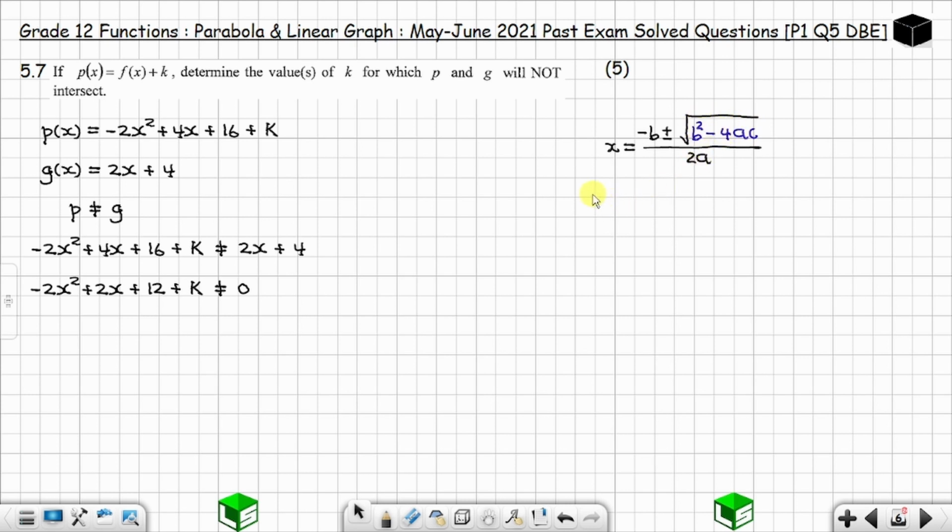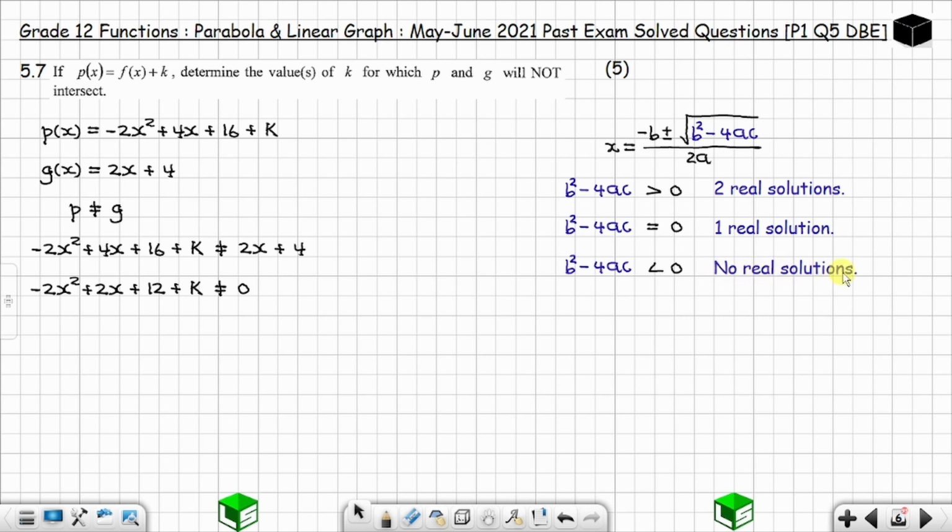When the discriminant is greater than 0, this is when you have two real solutions. When the discriminant is equal to 0, this is when you have one real solution. I want you to know this. And when the discriminant is less than 0, you have no real solutions.